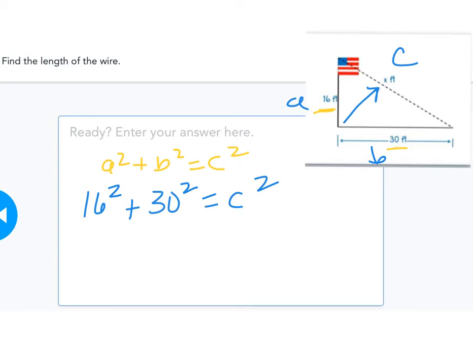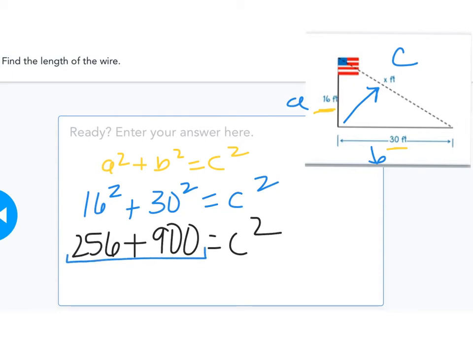That's kind of a big number, unless you know it. But go ahead and calculate that. Okay, so that's 256 plus 30 squared, which is 900, equals c squared. Then you would add that together. Okay, so you add that together and you get 1,156.